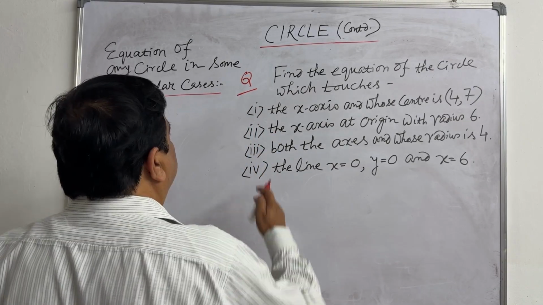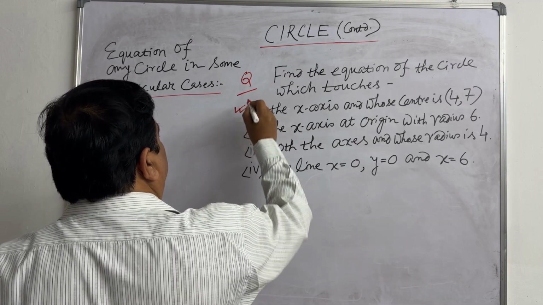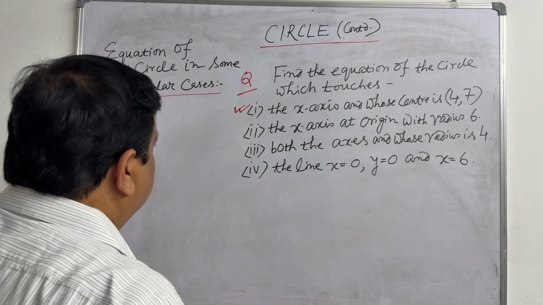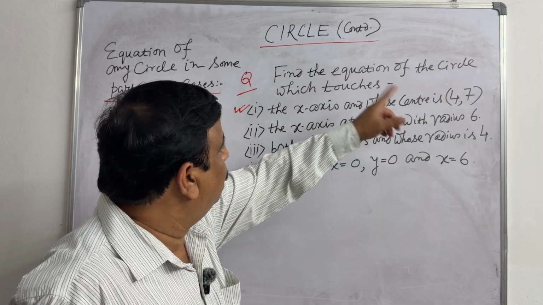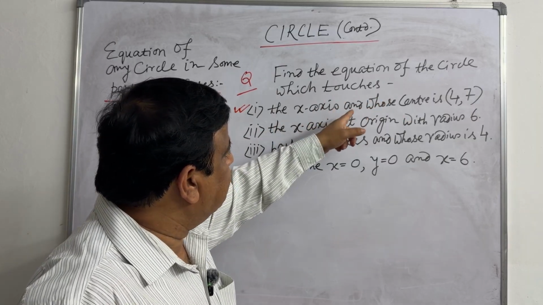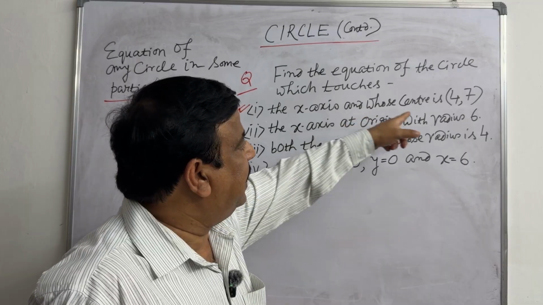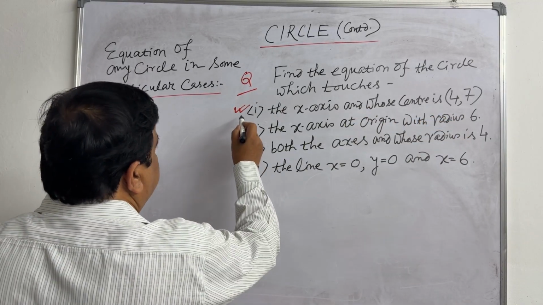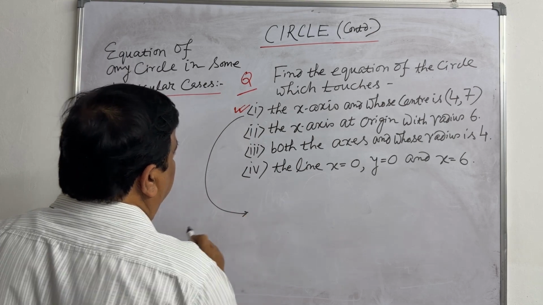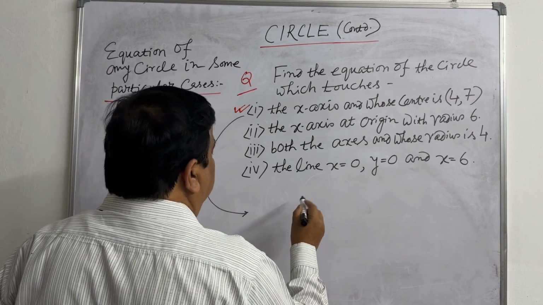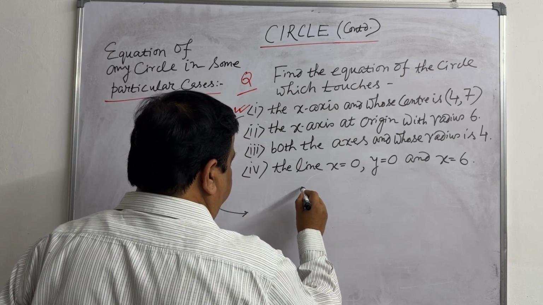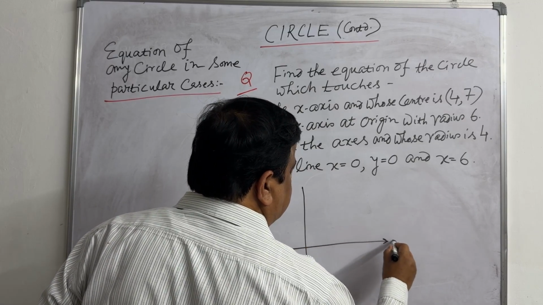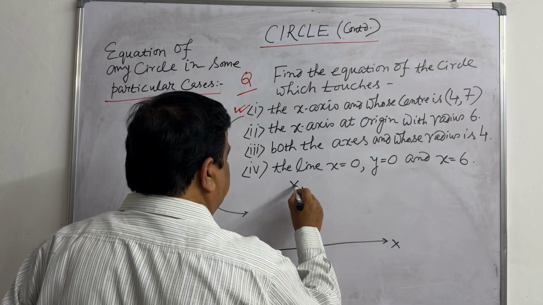First, we'll solve part number 1. What is the question? Find the equation of the circle which touches the x-axis and whose center is (4, 7). So for this, draw the circle. This is x-axis and this is y-axis.